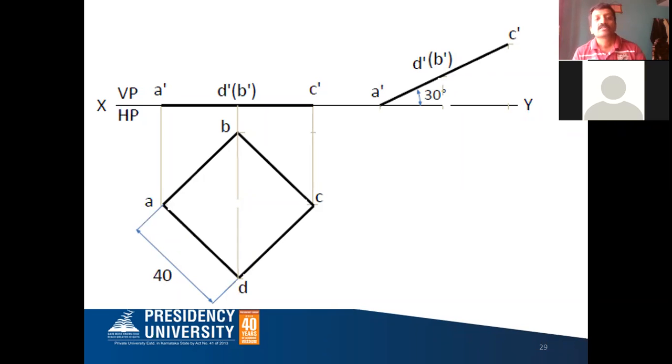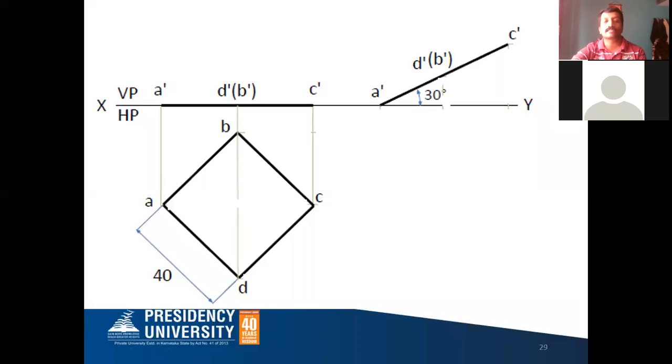So after drawing the first position, I will take any one point on the right side, and from that point I will draw a 30 degree line. Now I will transfer this point here. I will call this reference point A dash.